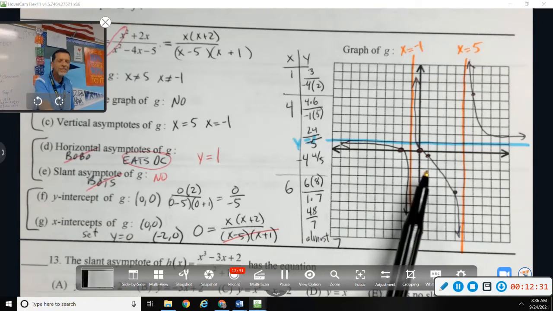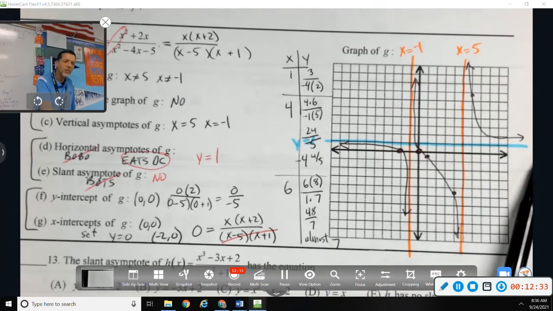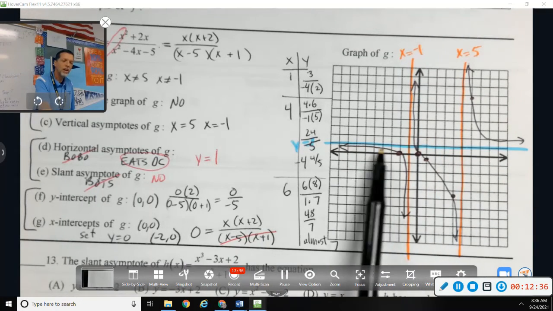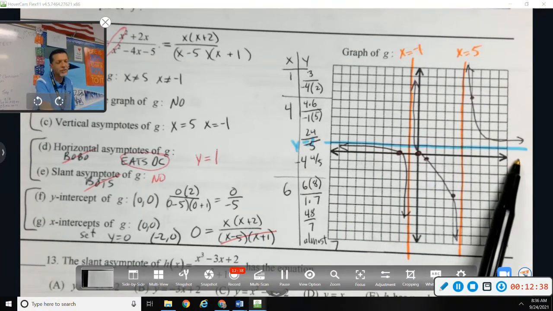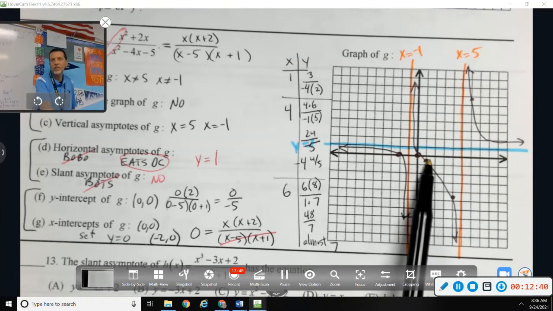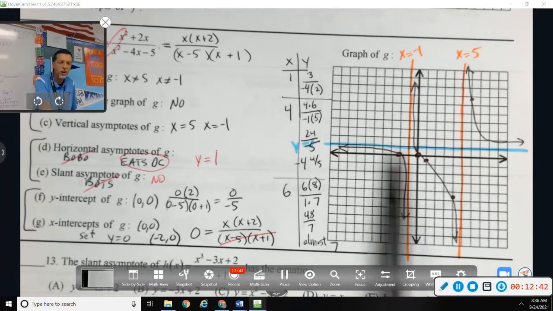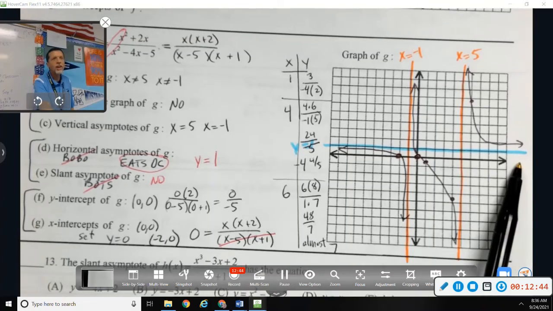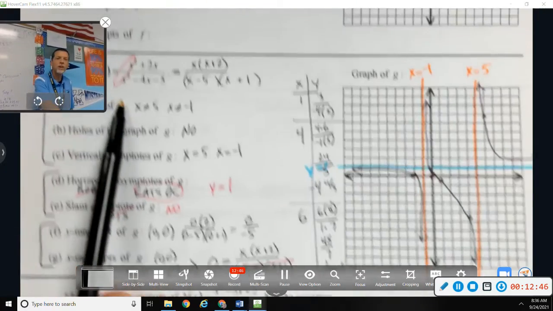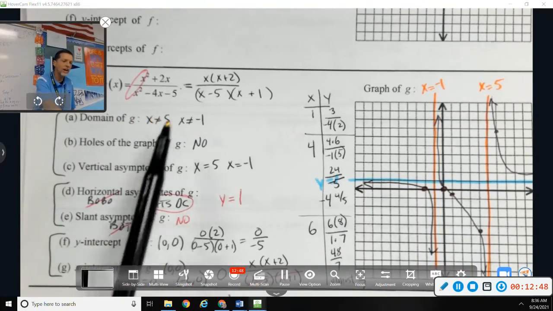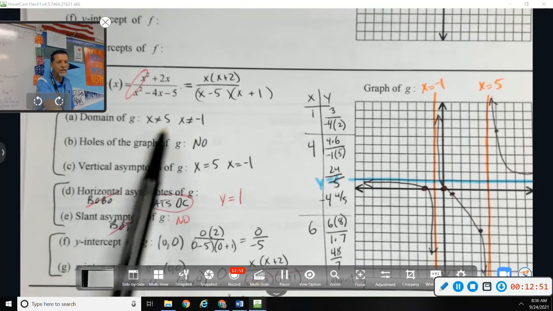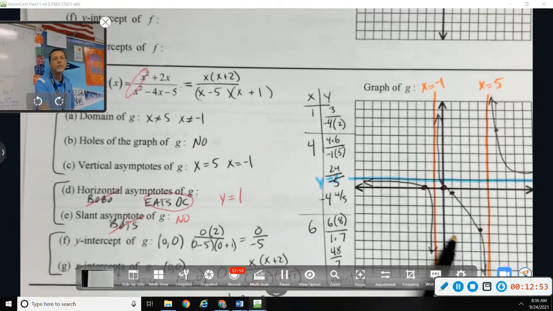Well, that's true at the extremes. Well, it's not even true at the extremes. You can cross a horizontal asymptote. You can't cross a vertical asymptote because we said x can't be 5 or negative 1. So you can't land at 5 or negative 1. But you can cross a horizontal asymptote.